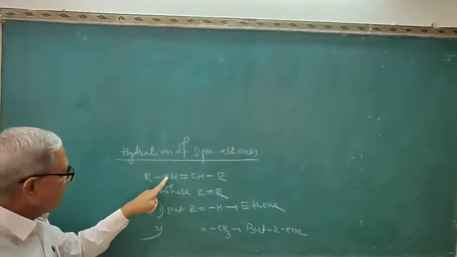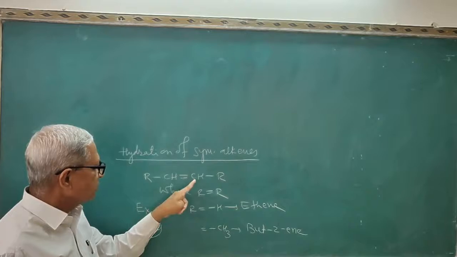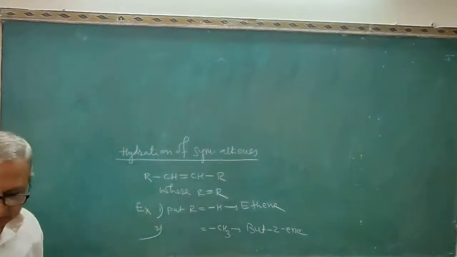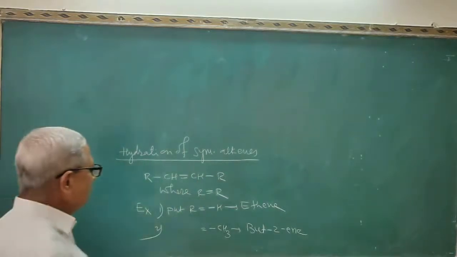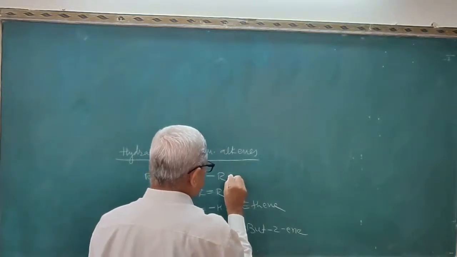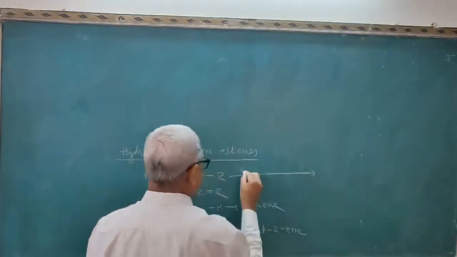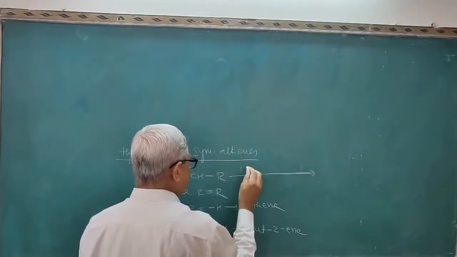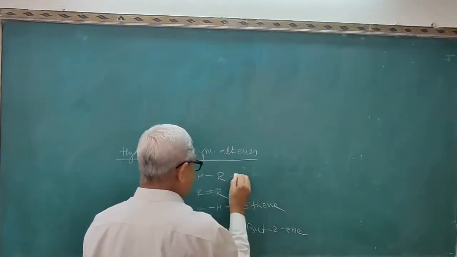But-2-ene: CH3, CH double bond CH, CH3. So I will take these two examples here. Now see here, you will do the reaction with cold and concentrated H2SO4.